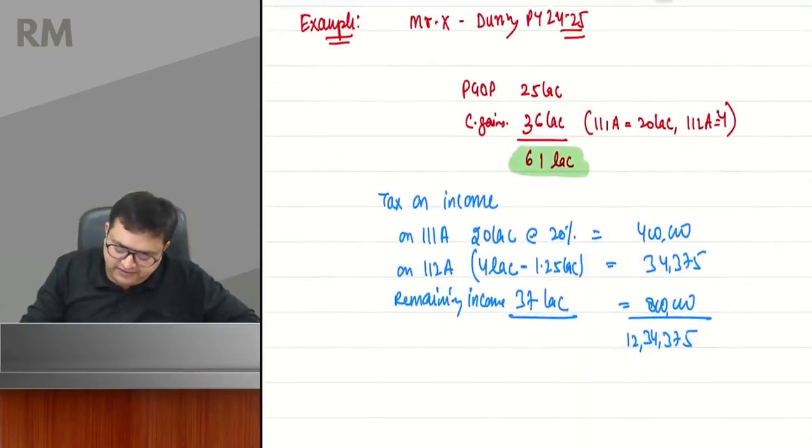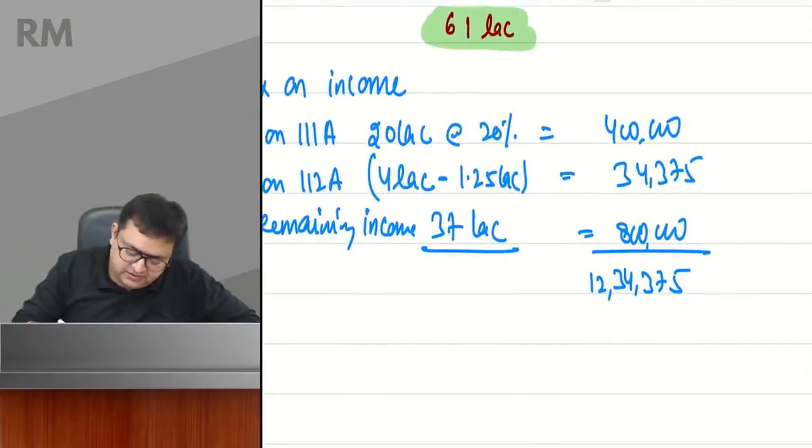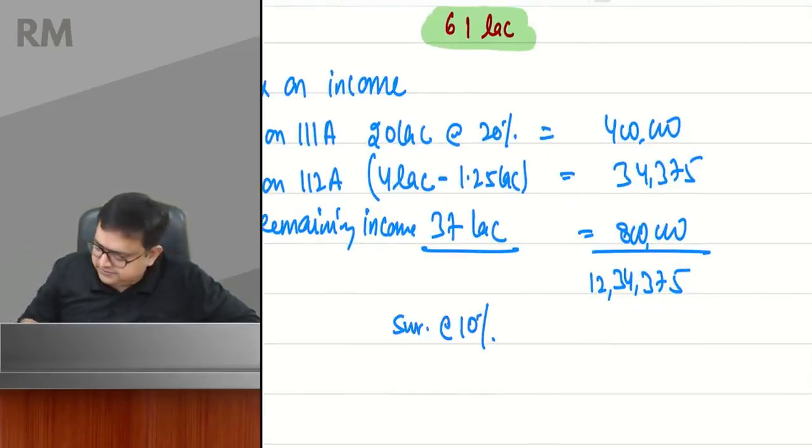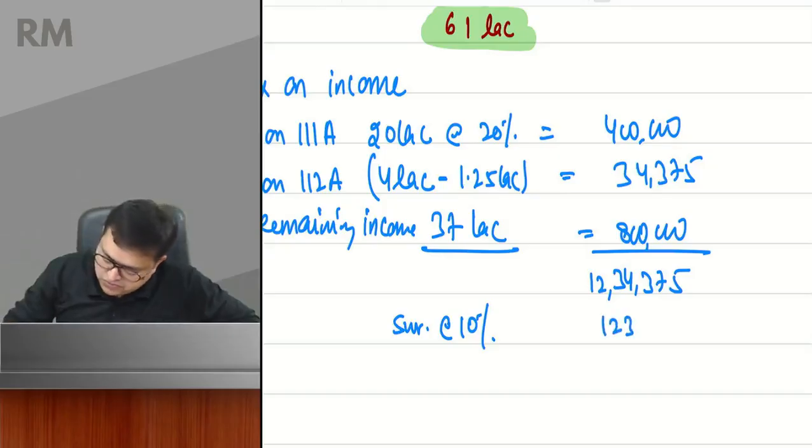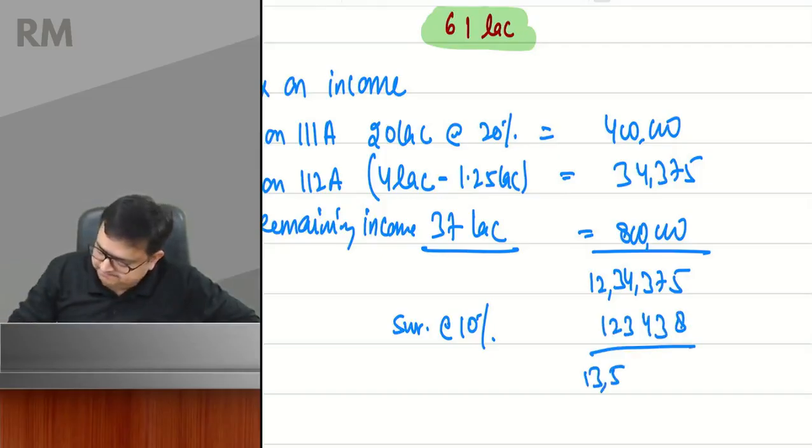The tax would be 10%, simple. Surcharge would be 10% on this amount. This is tax plus surcharge.